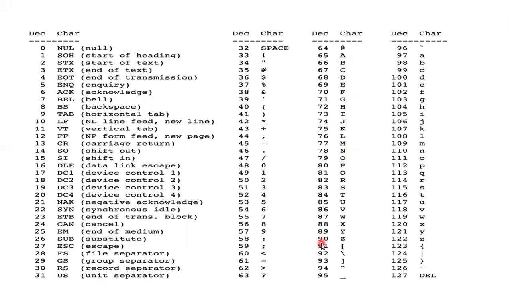Z is 90, then small a is from 97, z is 122, like that. All special characters, numerals, operators, everything has a unique character. So this is what is called the ASCII character set.